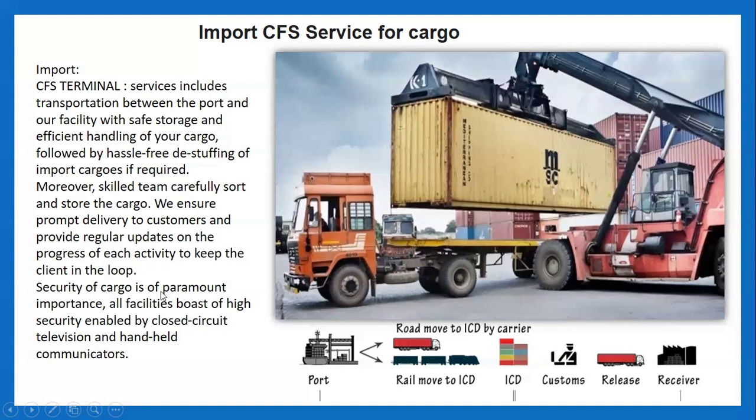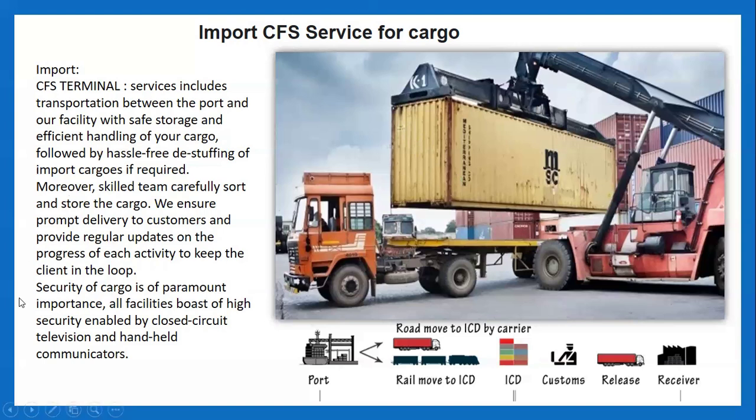Then security of the cargo is of paramount importance, so the CFS provides security for the cargo. You know that expensive cargo, like mobiles and other things, is stuffed in the containers, so stealing and thieving can happen at customs.